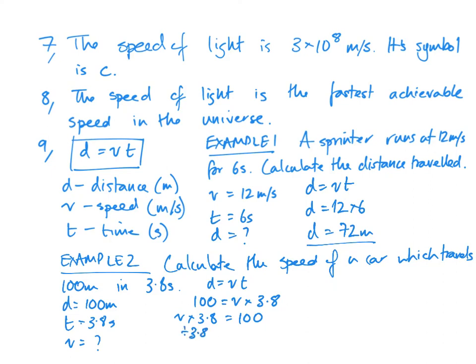So I want to cancel that multiplied by 3.8, and I cancel that out by dividing by 3.8. But whatever I do to one side of a formula, I've got to do to the other. So I have to divide both sides by 3.8. Then I get my calculator out, because you're always allowed to use a calculator in physics. If I do 100 divided by 3.8, I would normally put this underneath, but I don't have space. Then I get my final answer here, which is 26.3 meters per second.